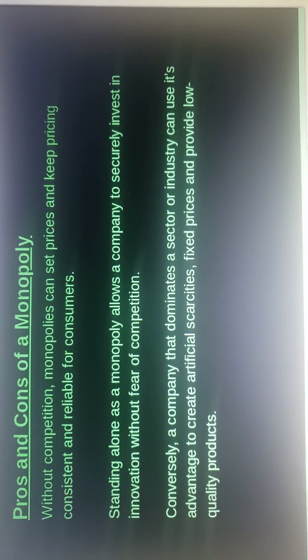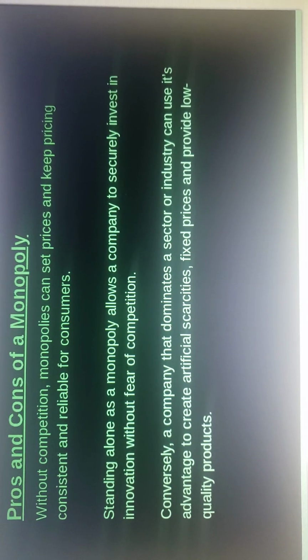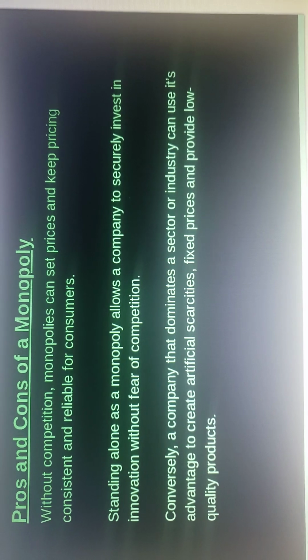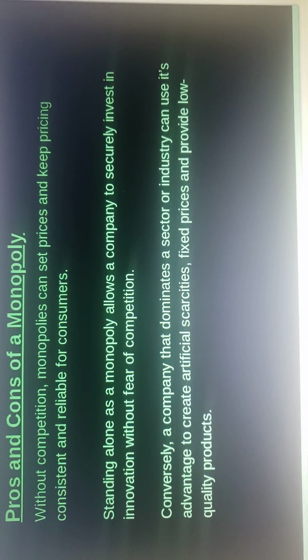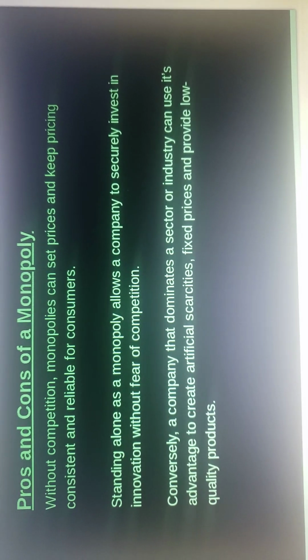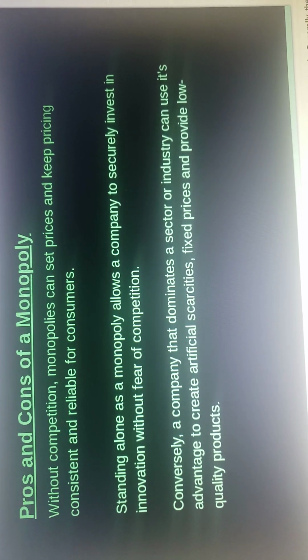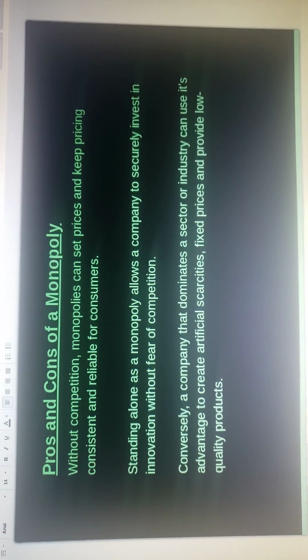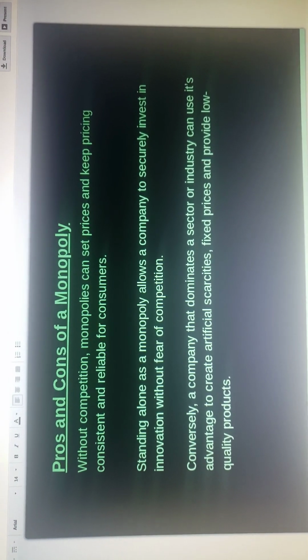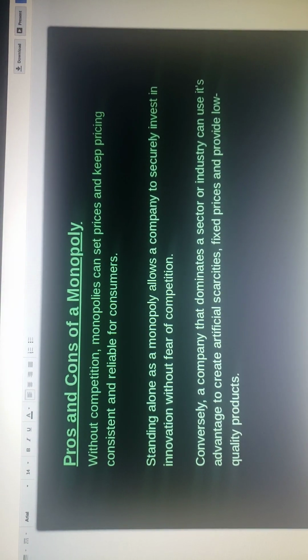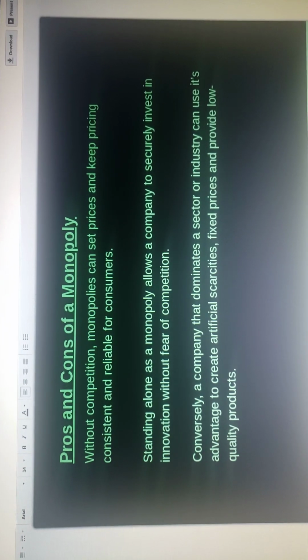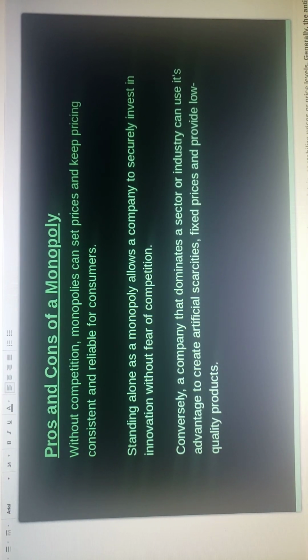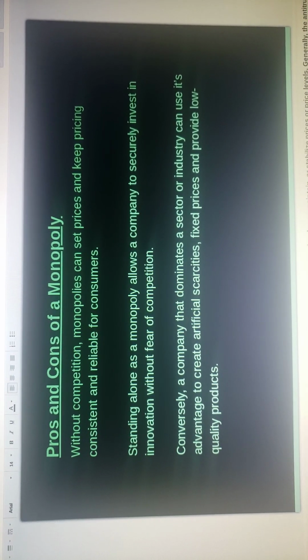Conversely, a company that dominates a sector or industry can use its advantage to create artificial scarcities, fix prices, and provide low quality products. So, price fixing is basically an agreement, written, verbal, or from conduct among competitors to raise, lower, maintain, or stabilize prices or price levels.